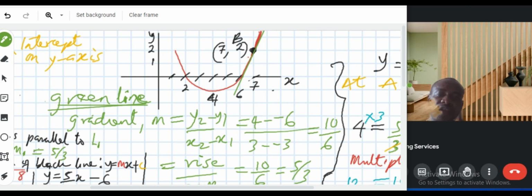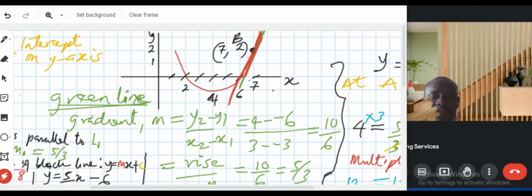A tangent can be drawn this way. This green line is a tangent, and this tangent is at point 7, 2. We can use that to find the equation of this tangent.